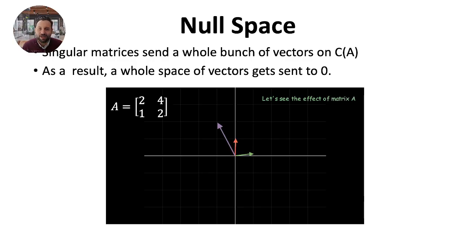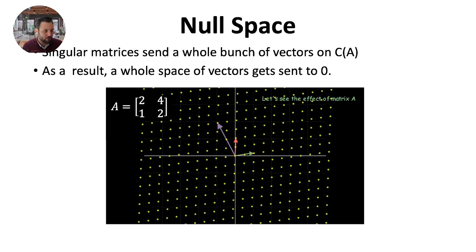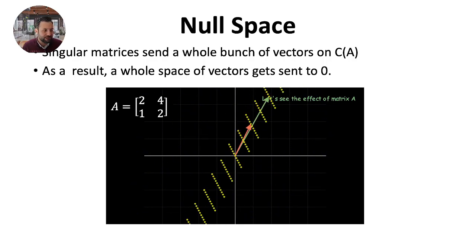All of my purple, green, and red vectors live on that space, right? Except for the purple, because I took purple intentionally, so we know the red and green ones go to that space.